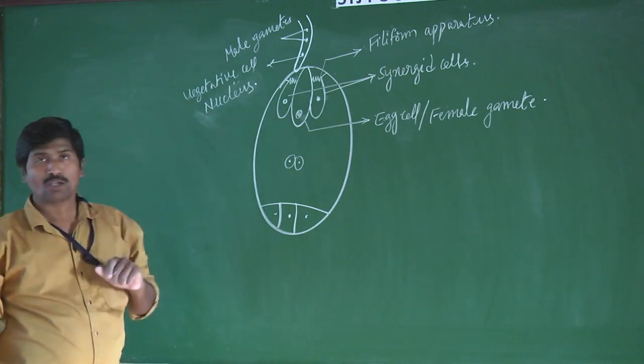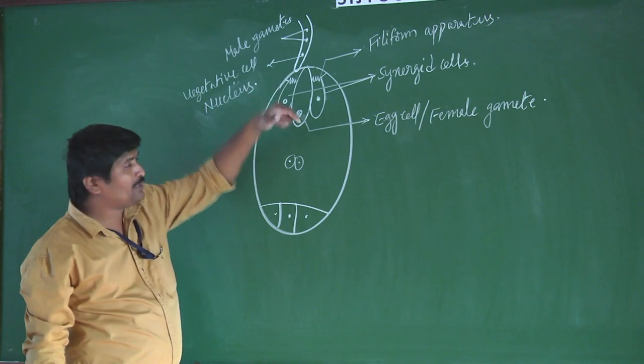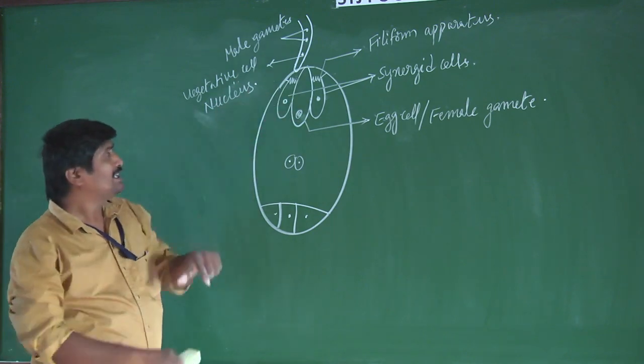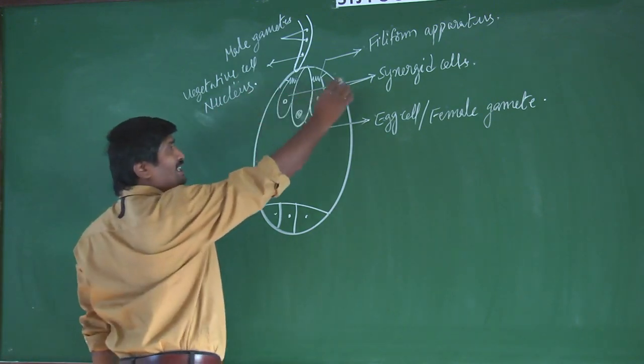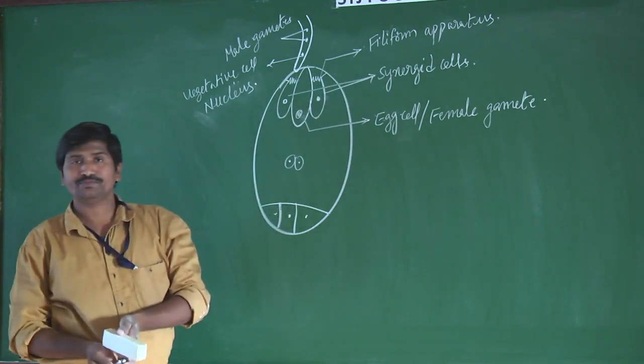See, this pollen tube enters through the micropyle. Towards the micropylar region, the egg apparatus is there. This is the egg apparatus.